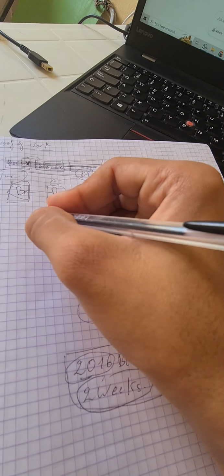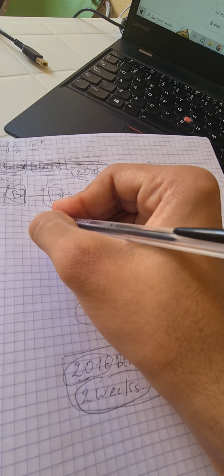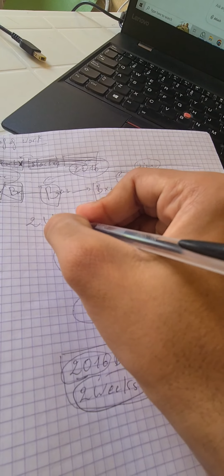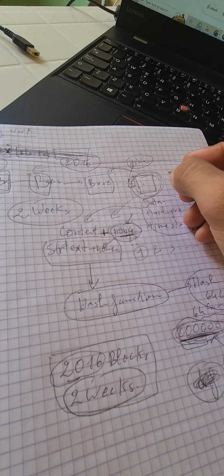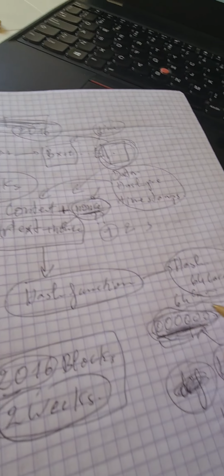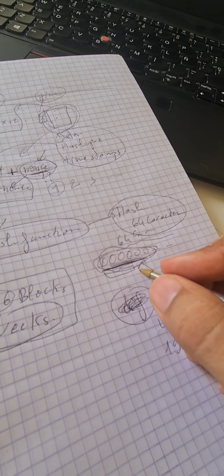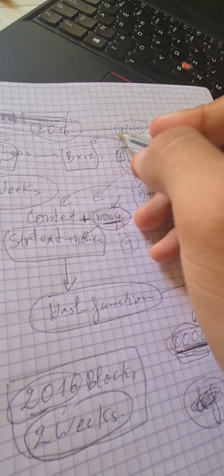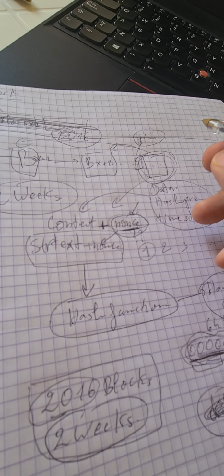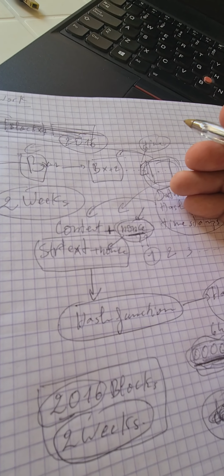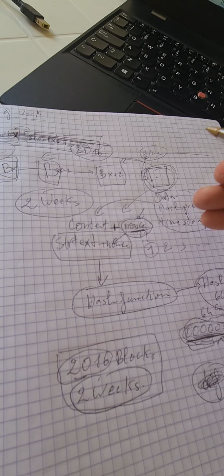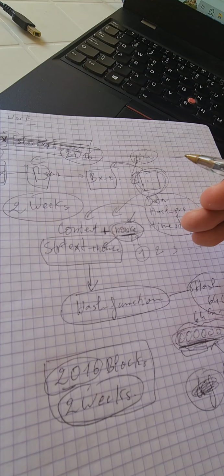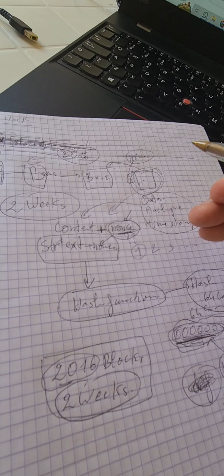If the time was exactly 2 weeks, then we keep the same number of zeros. But if the time was more than 2 weeks, then we need to adjust the difficulty so that it becomes just 2 weeks.